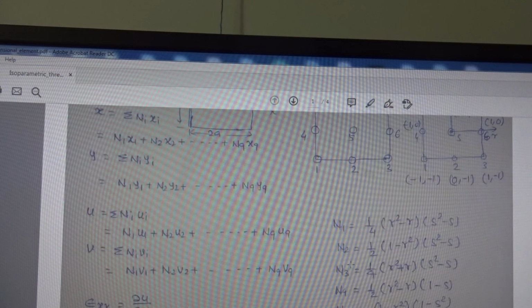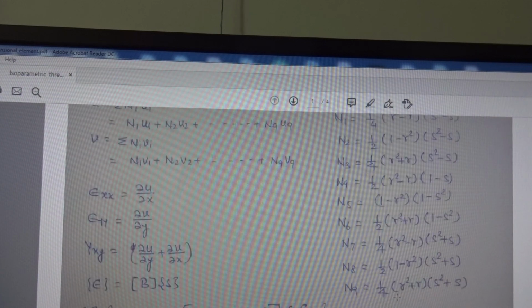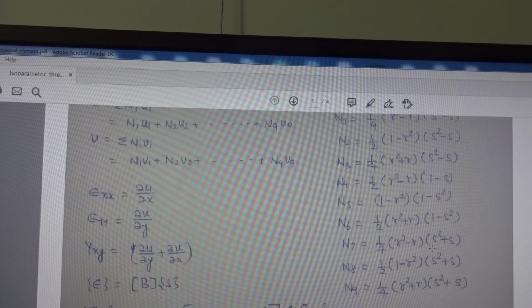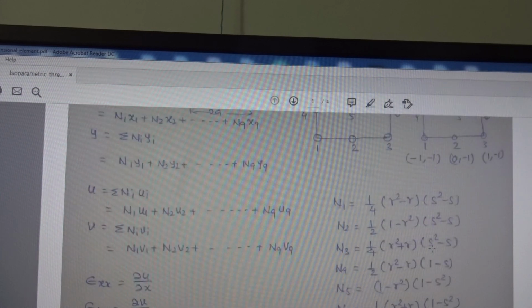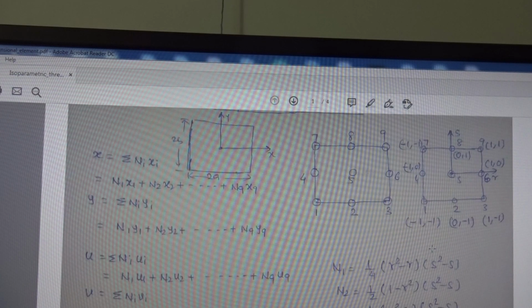Similarly, N1, N2, N3, N4, N5, N6, N7, N8, N9 have been written in terms of r and s. Now, as in the previous discussions, we write the x coordinate as the summation of Ni xi. So you can write N1 x1, N2 x2 plus up to N9 x9.